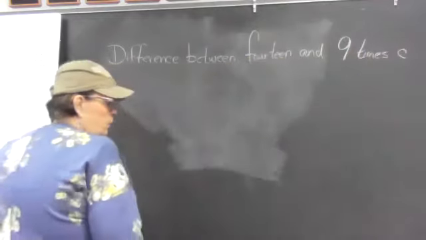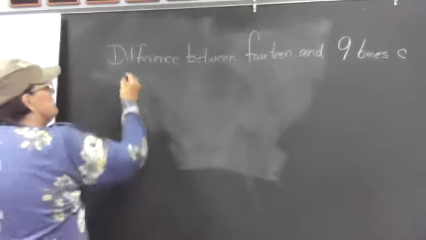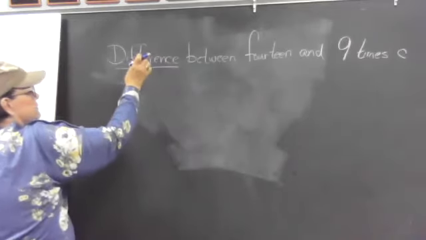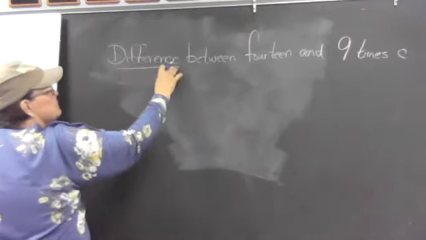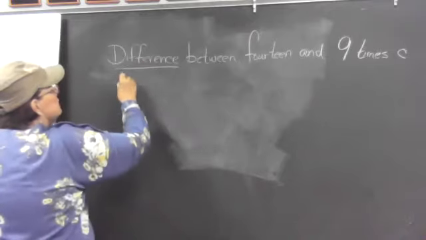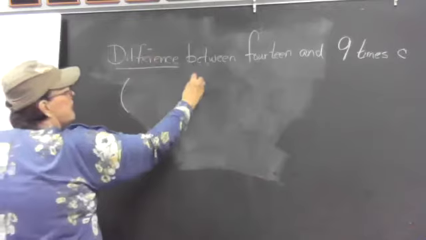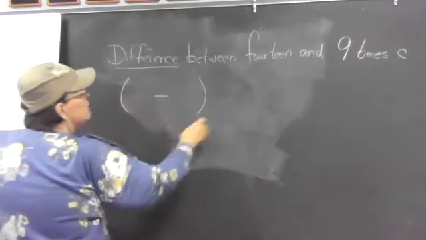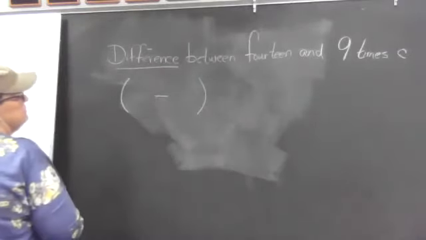Okay, and what we decided, there were 4 words that when we see them: sum, difference, product, and quotient. When we see those, we stop and put a parentheses immediately. So here's a parentheses. Difference means subtract, so this is what I'm going to write. I write all of this because I saw this word right there, the difference.